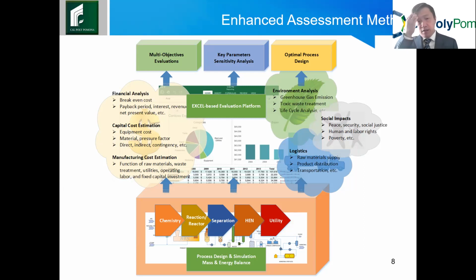Those models combined with the traditional techno-economic analysis allow us to do a financial analysis and get a multi-objective evaluation, or we study some key parameters in a sensitivity study, and also make an optimal design.